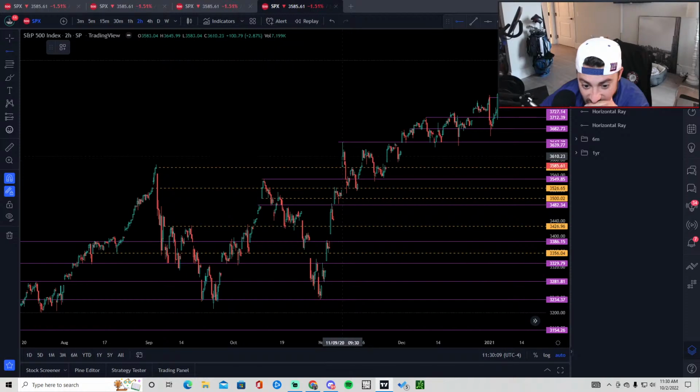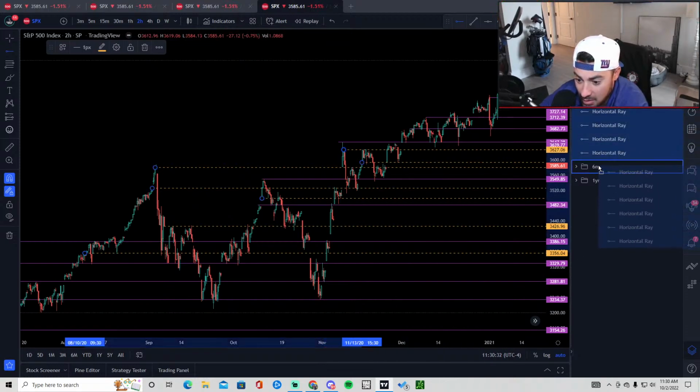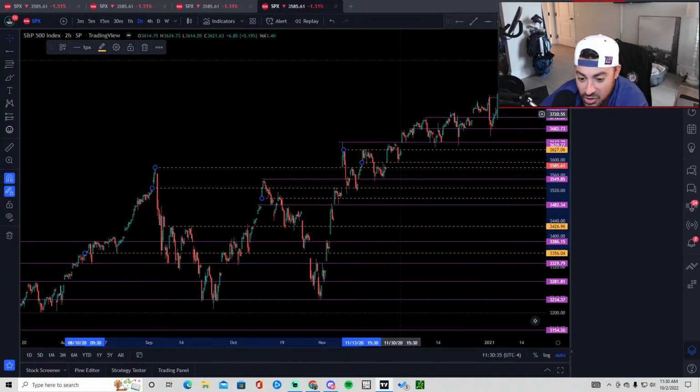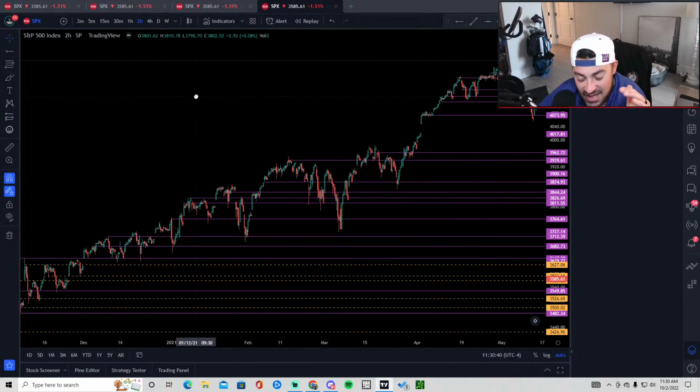So you'll see right there too, big level here, potentially another big level. And so you'll start to see different levels in between these larger time frame levels, and that's kind of what I'm looking at too.